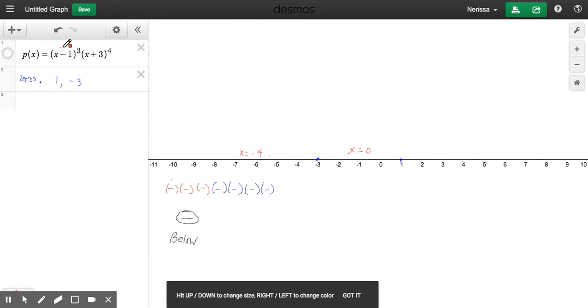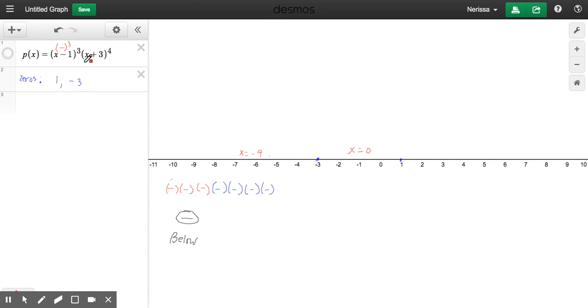So 0 minus 1 is negative, and that's to the third. And 0 plus 3 is positive, to the fourth, which is exactly the same as the previous one. So therefore, this is going to be negative, and the function is below the x-axis in this interval.